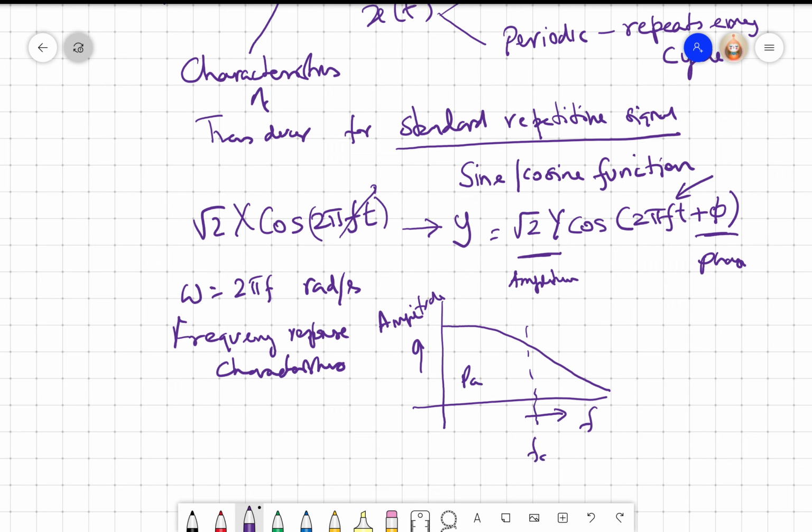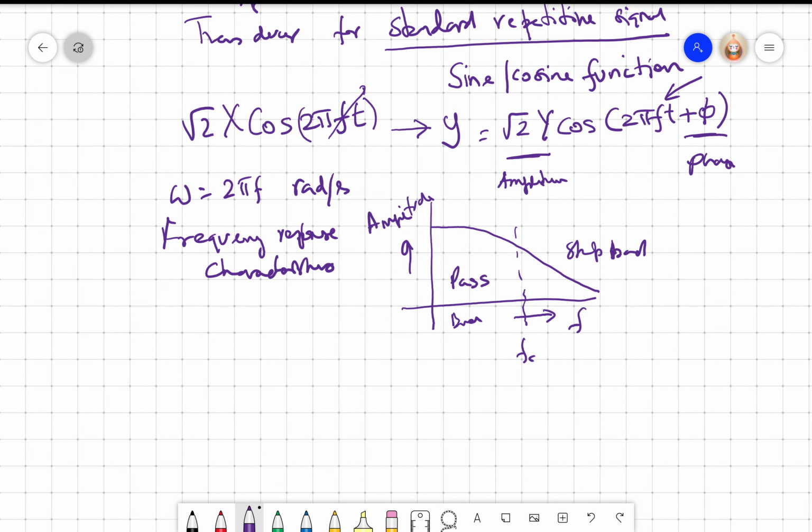We call the frequencies that are less than Fc the pass band, and above is called the stop band. This again we have learnt in our earlier undergraduate courses. So we call this low pass filter characteristics, low pass filter, or simply LPF.